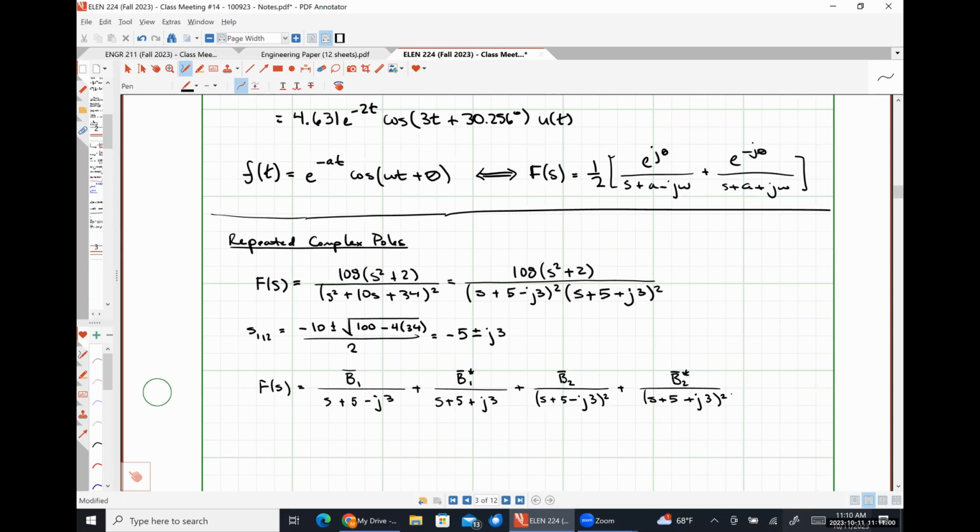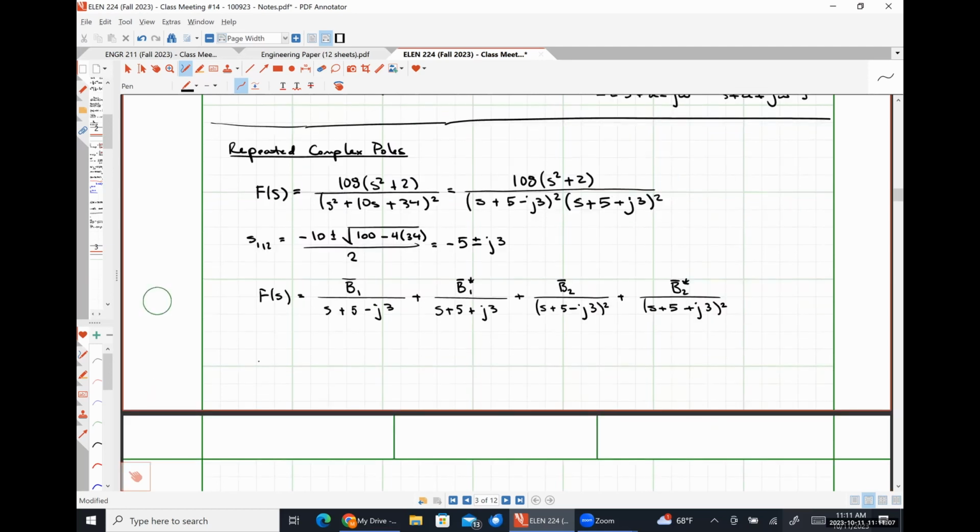So our coefficient B2 is going to be determined by multiplying our equation f of s by a factor of s plus 5 minus j3 quantity squared, evaluated at s is equal to -5 plus j3.